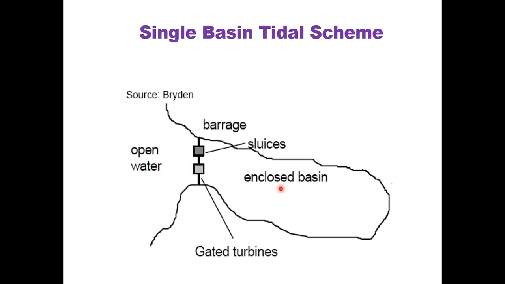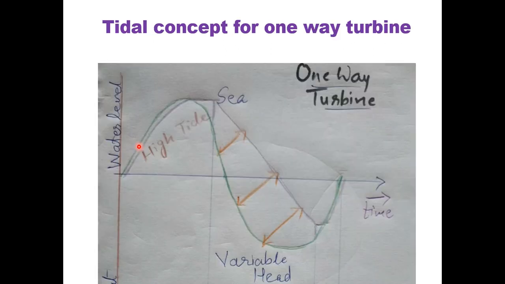During high tide the basin will fill, and during low tide the gates are closed, and this water is forcefully passing, due to the natural gravitational pull of the moon, from the basin to the open water, that is the sea. This is the concept of the single basin tidal scheme.